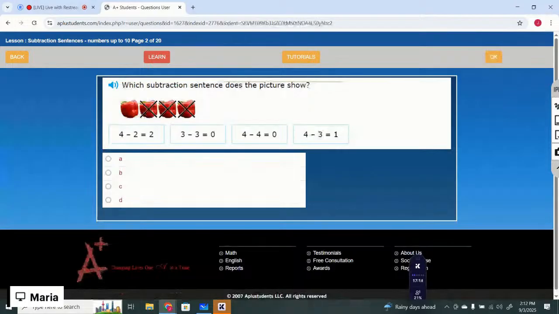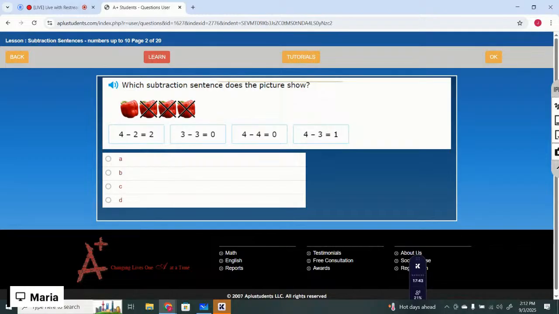Which subtraction sentence does the picture show? So which is the correct option? So we have four apples.